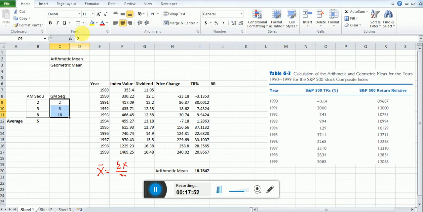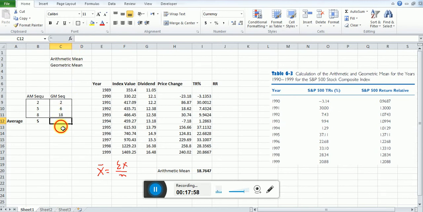But here for the geometric sequence, if you try to know how much is the average, right? If you're just using the same function as you used in the arithmetic sequence, here I'm just using the arithmetic mean. So the first data, for example, is 2 plus 18 divided by 2.